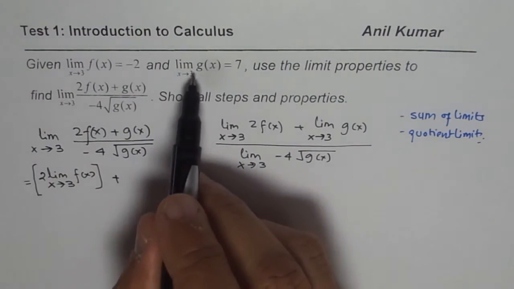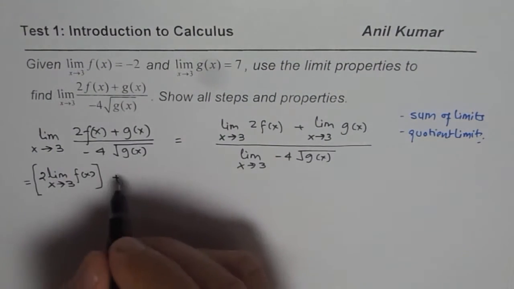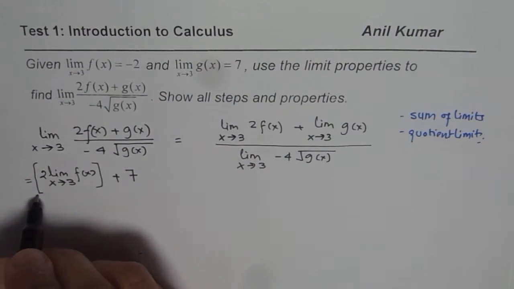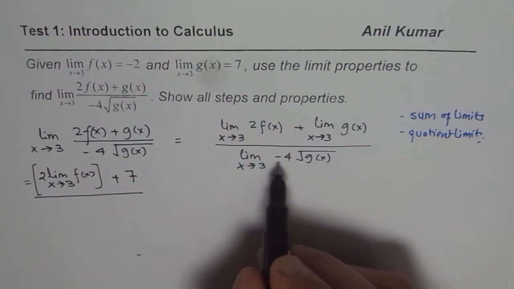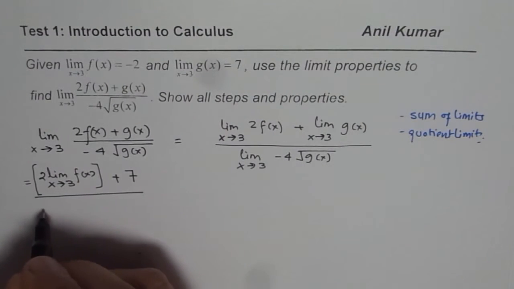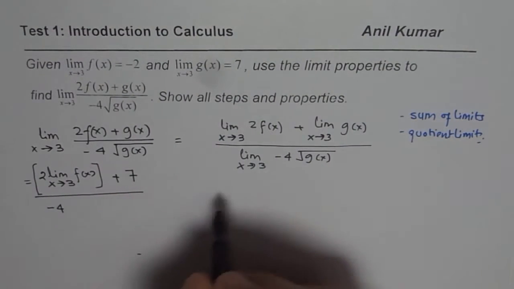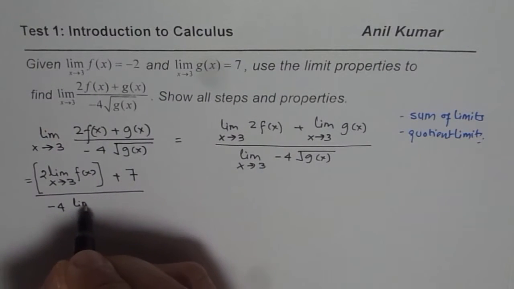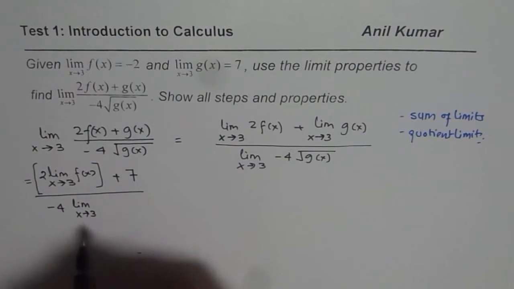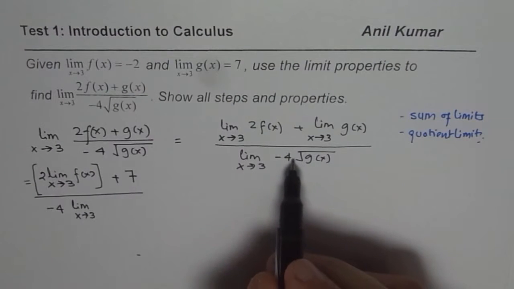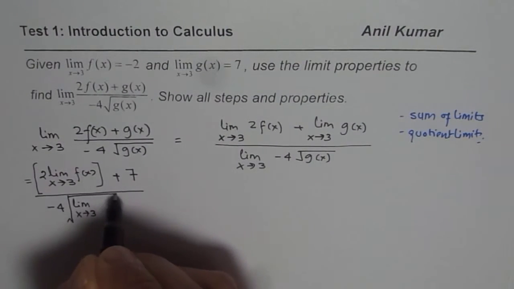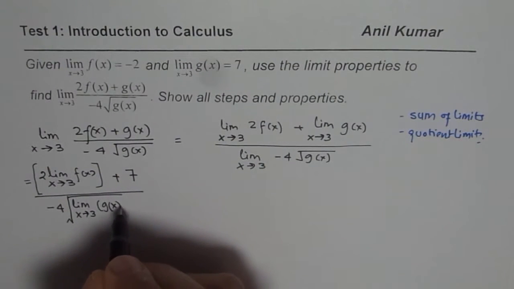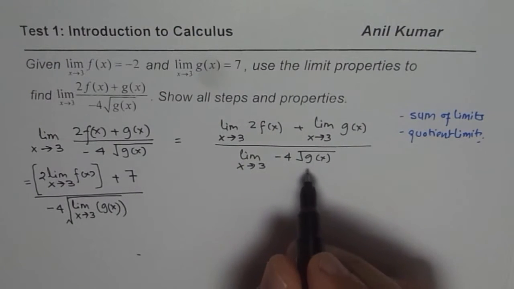Now we are given this limit as 7, so we could just write 7 here, divided by the limit of minus 4 times. Minus 4 is a constant, so we can take it outside, minus 4, and inside we can write the limit as x approaches 3. Now we have this radical limit, that this could be the square root of the limit of g of x. You get the idea, right?